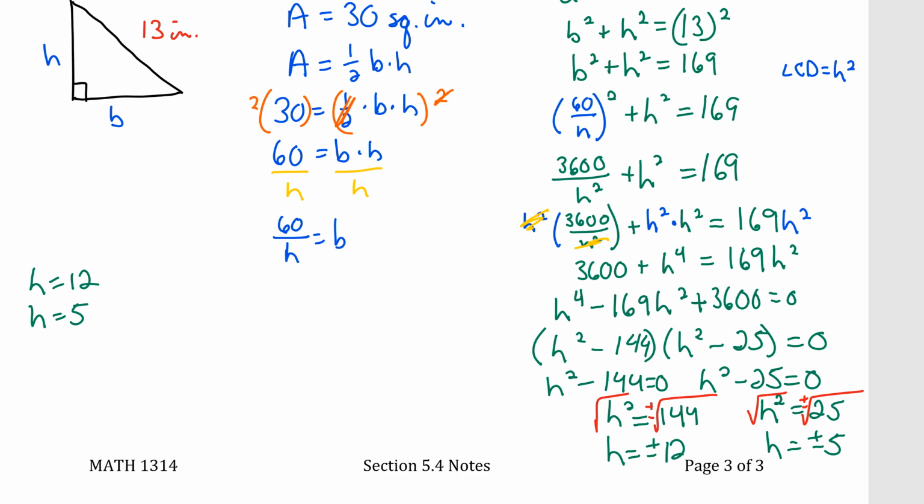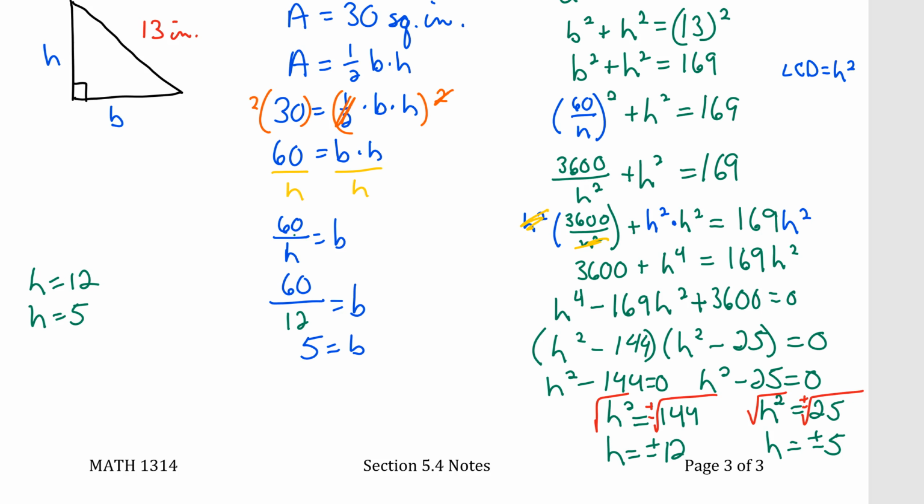So I have two possible values for my height. I'm going to plug those back in to find my base. My base is going to be 60 divided by one of my h's, so let's go with 12 first, equals my base. So 60 divided by 12 is 5.